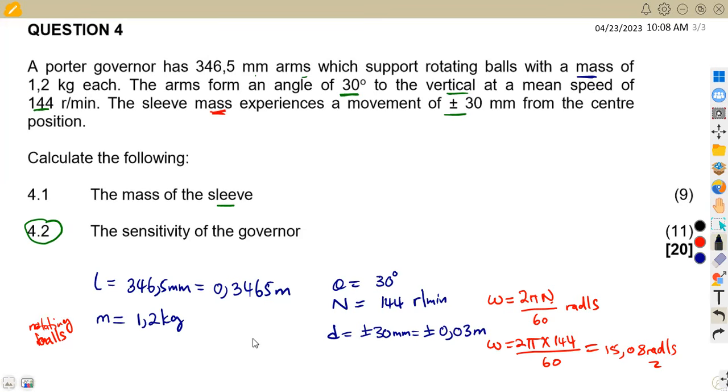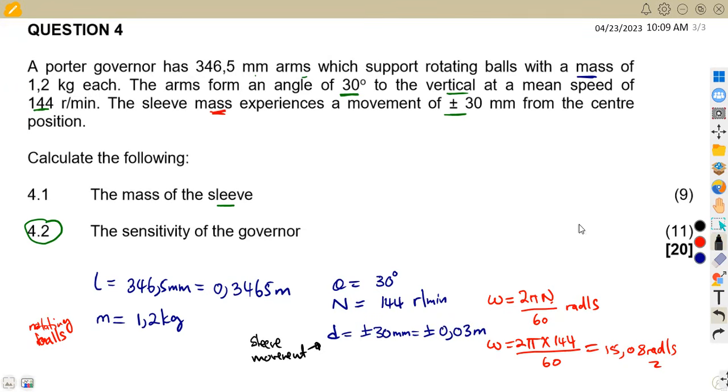So this is your sleeve movement, d. We saw that d affects h1 and h2, which are the heights. With this information, the question is to calculate the mass of the sleeve.